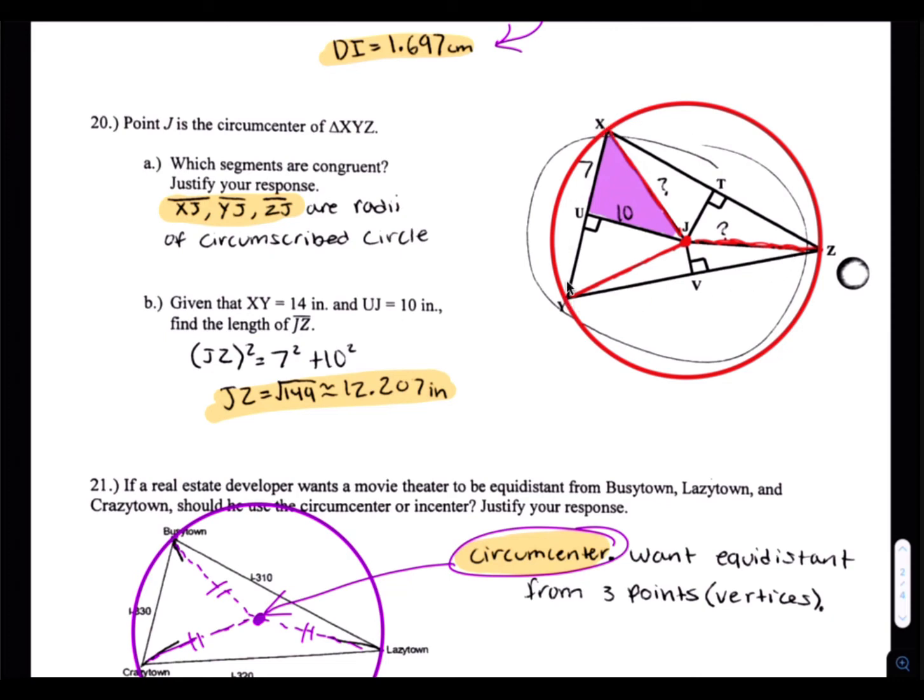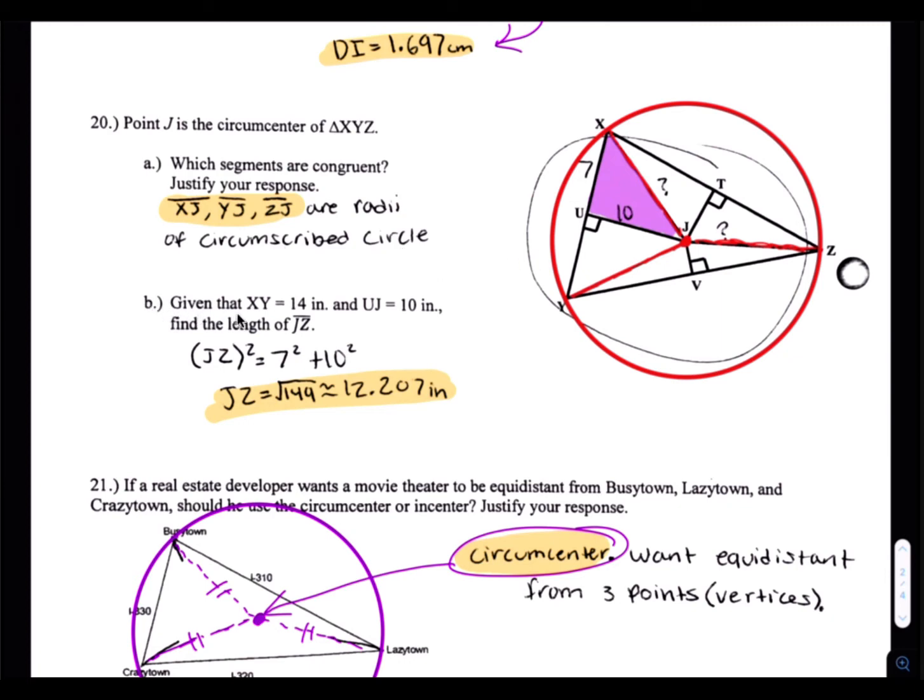It touches corner X, touches corner Y, and it touches corner Z. That would also mean that segment JX is a radius, and segment JY is a radius, and segment JZ is a radius. So those radii are congruent. They're equal. So XJ and YJ and ZJ are equal because they are all radii of the circumscribed circle.